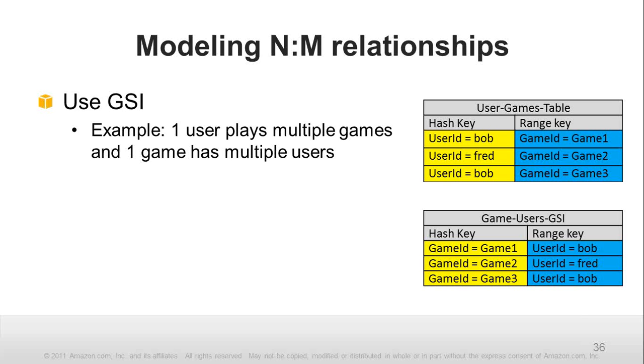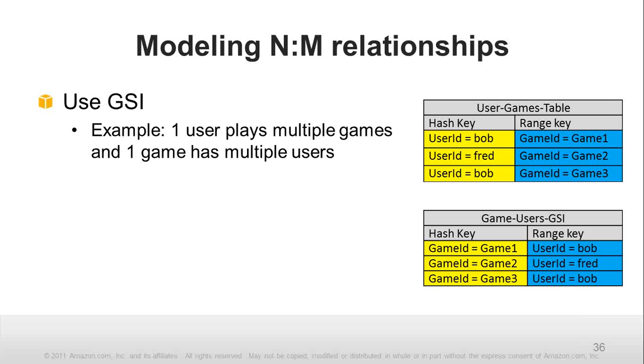So in this case, if you had the primary table user games table and the GSI game users GSI, you could ask a couple of questions. Given a user Bob, give me all the games that Bob played. In which case, it would be game 1 and game 3. And then you can derive that data from the user games table.